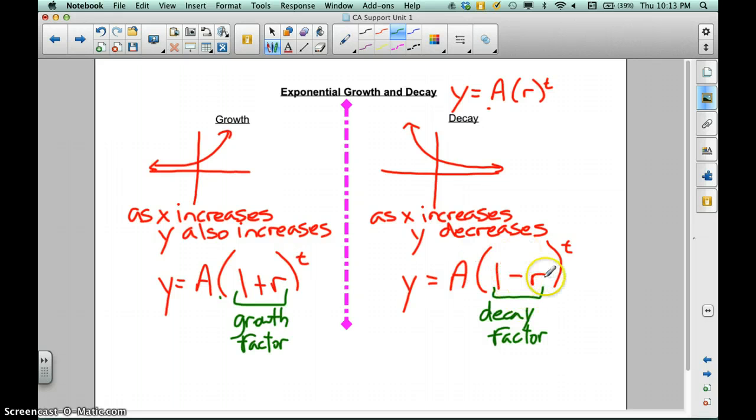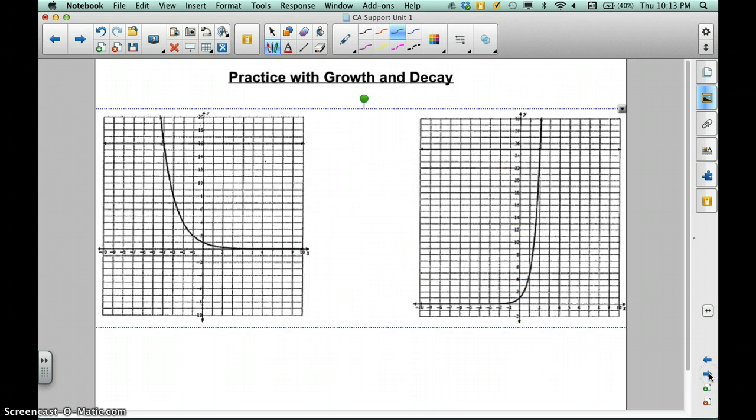But if you notice here, whatever answer is to this power, it'll be a number between 0 and 1. It'll be a number less than 1 because it's 1 take away something. And so that's going to be decay. We'll look at some examples of that, but I sort of want to give you a general overview right now.